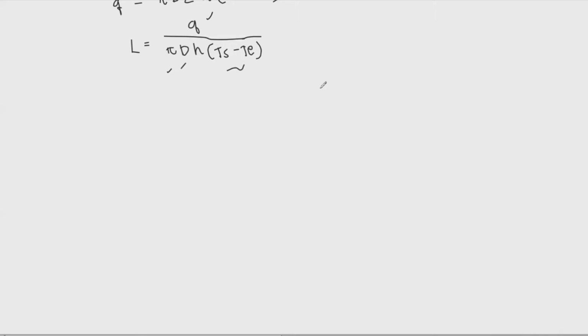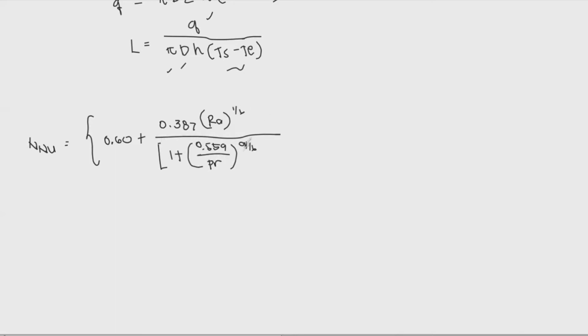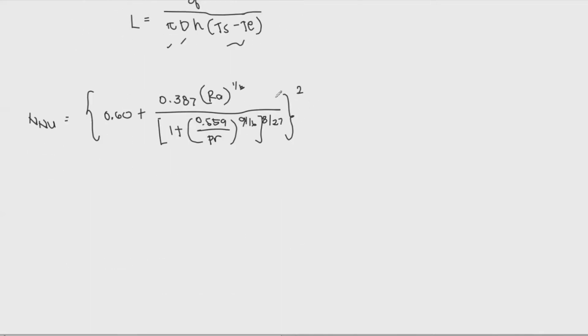So that is the Nusselt number is equal to the expression, and this is equal to the convective heat transfer coefficient multiplied with diameter and then divided by the thermal conductivity. Now, you don't have to memorize this equation because it's already written in your Paris handbook.